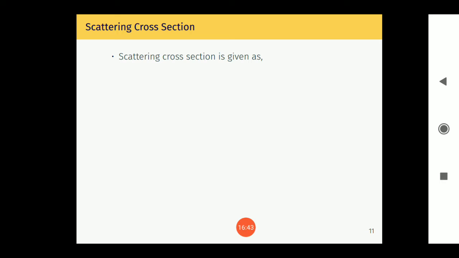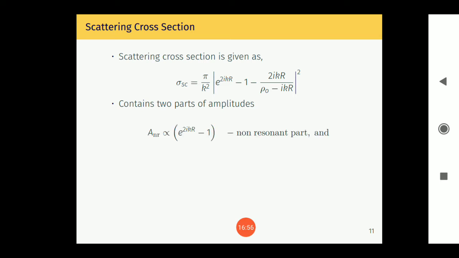Now let us turn to the scattering cross section. We have written down this scattering cross section in the initial slide, which is written like this. This scattering cross section has two parts, and the first part is proportional to the non-resonant case.